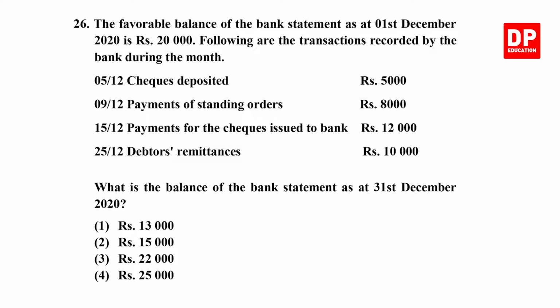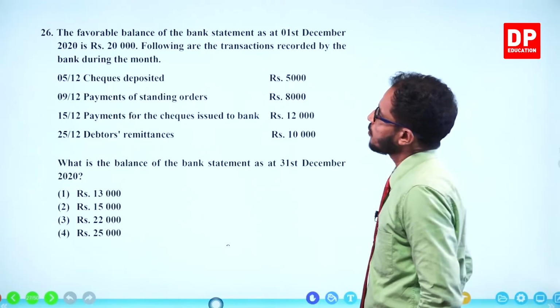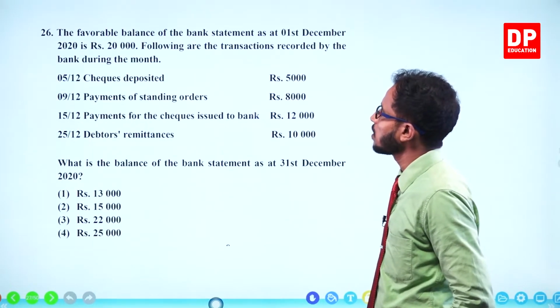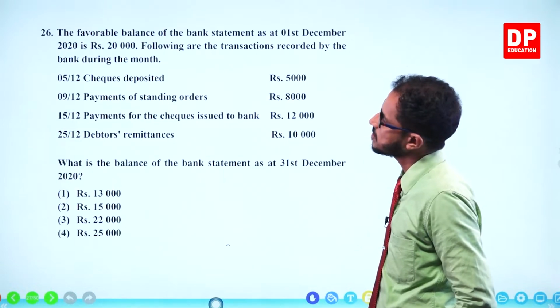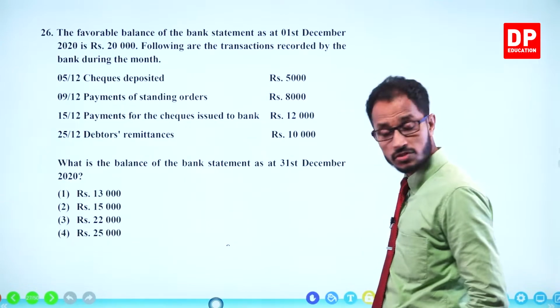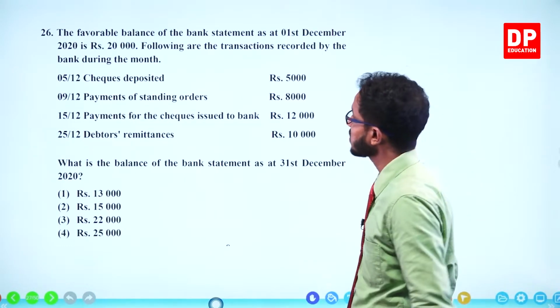26th. The favorable balance of the bank statement as at 1st December is 20,000. Following are the transactions recorded by the bank during the month. There was a favorable balance in the bank statement.